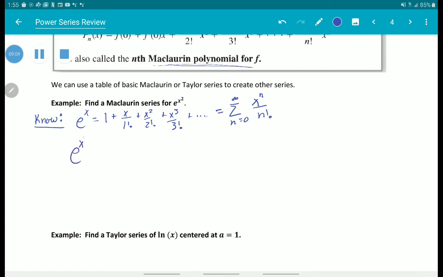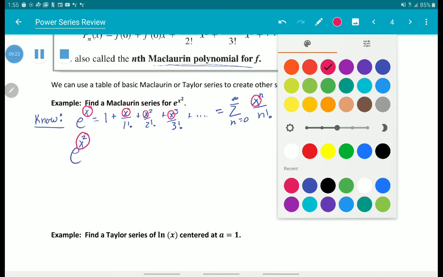We want to derive a Maclaurin series for e to the x squared. So all we really want to do is replace this x with an x squared. And that's going to require us replacing all of these x's with an x squared. And then we'll see how we'll be able to rewrite that.